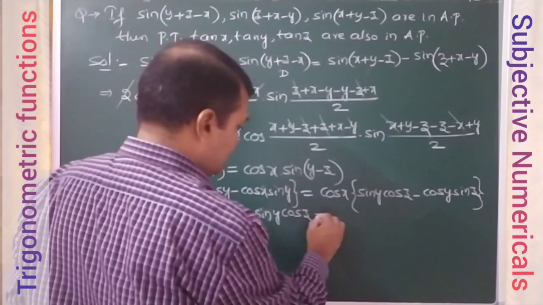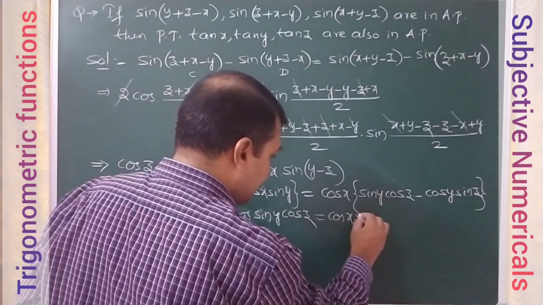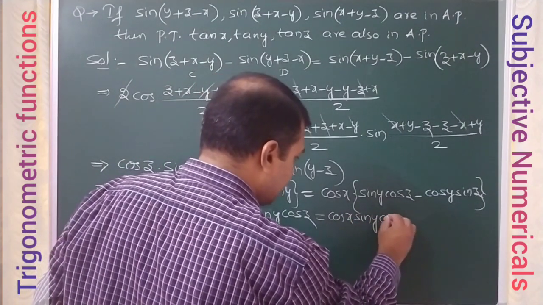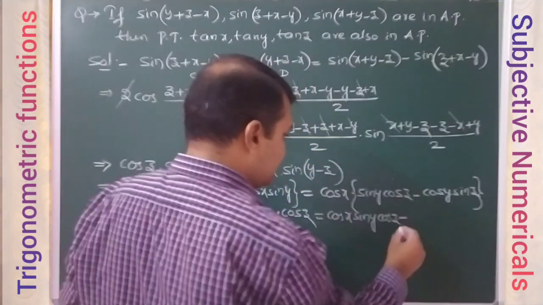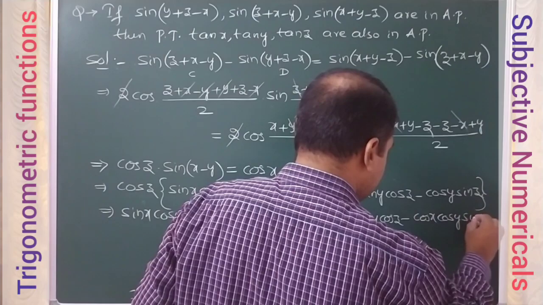Next, cos x multiplied with this: cos x sin y cos z minus cos x cos y sin z.